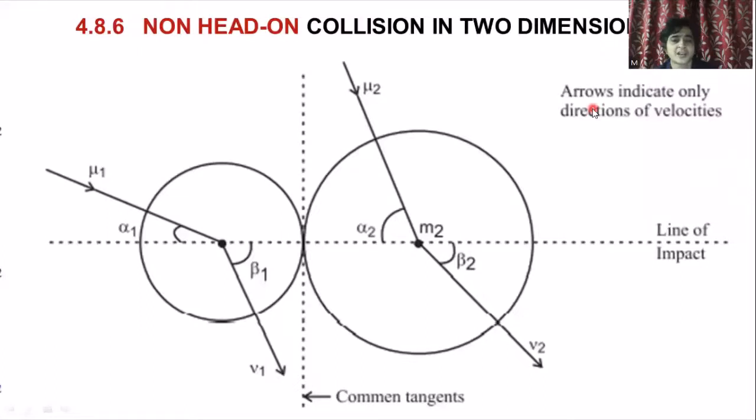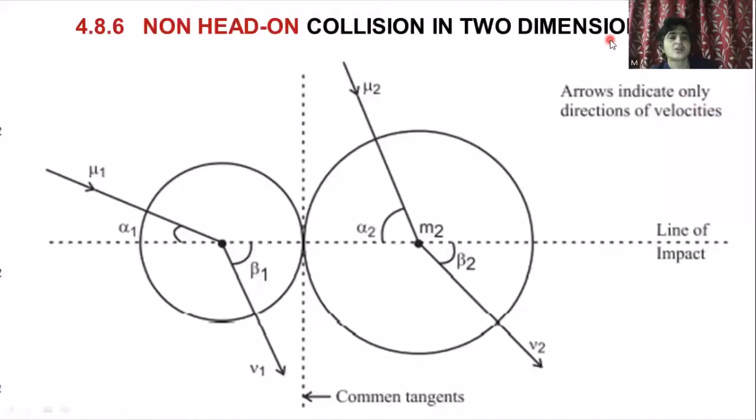We know that in this collision, linear momentum is going to be conserved, and momentum is a vector quantity. So to apply the law of conservation of linear momentum, we will resolve the initial velocities u1 and u2 into components: a component along the line of impact and a component along the common tangent.